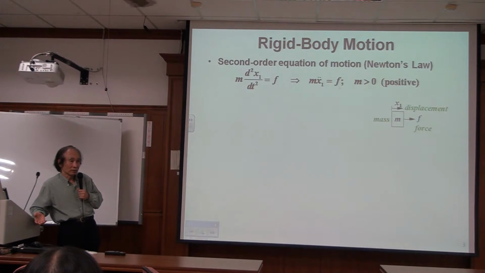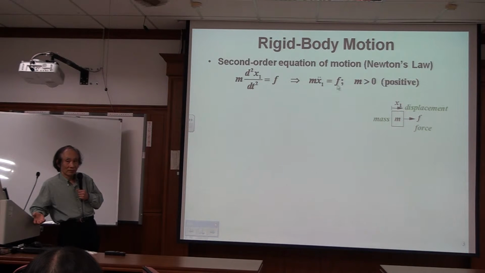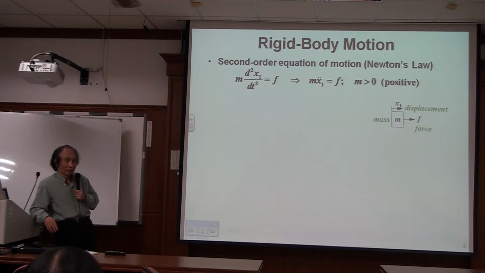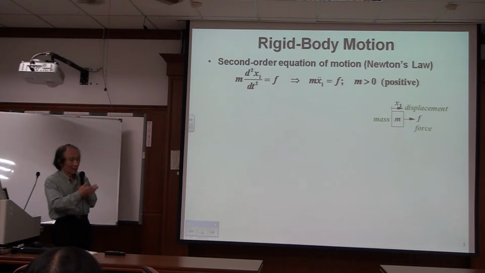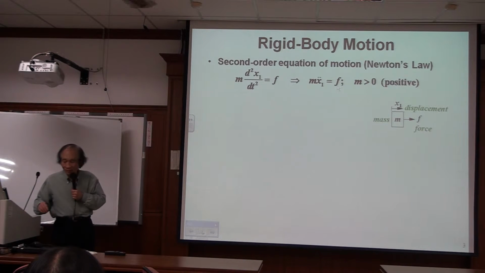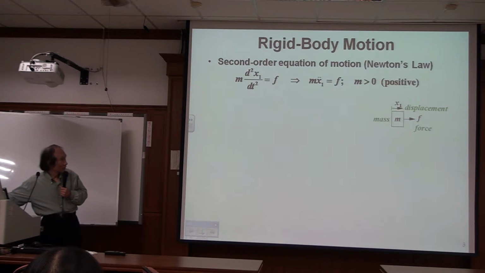What is the big deal of this? What is the most important meaning here? Can m be negative? Can this m be negative?